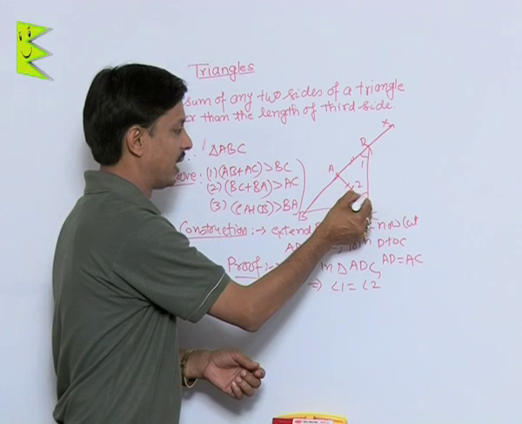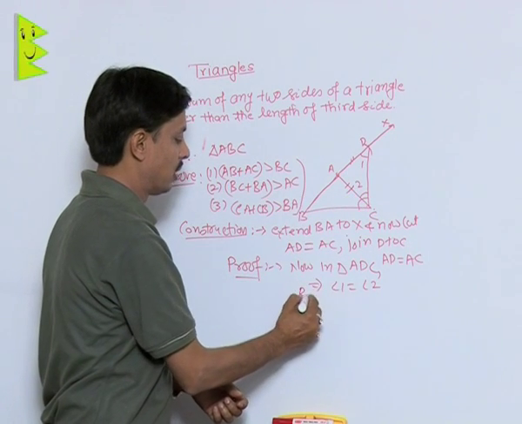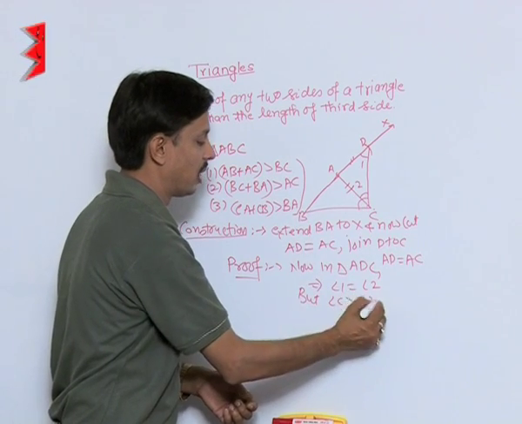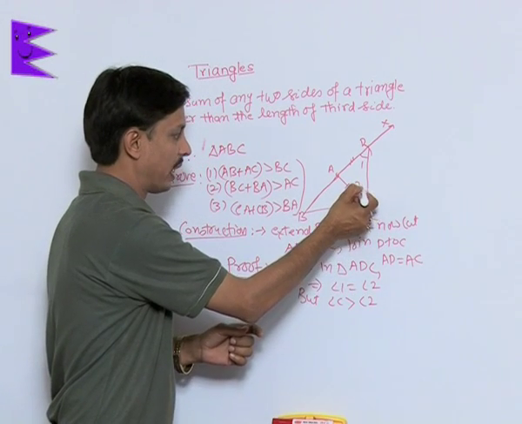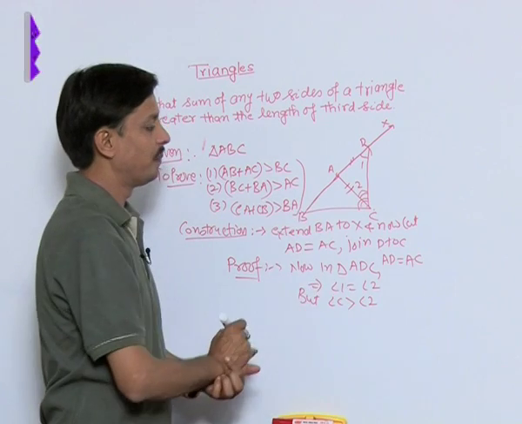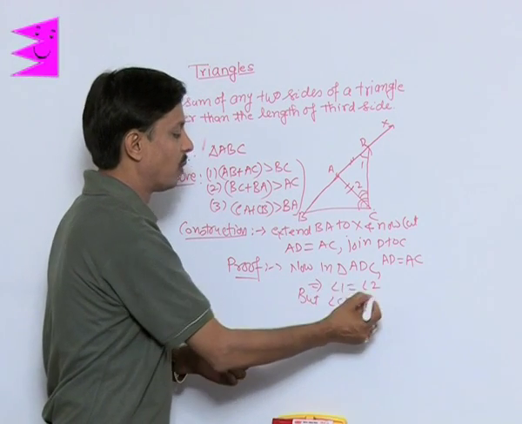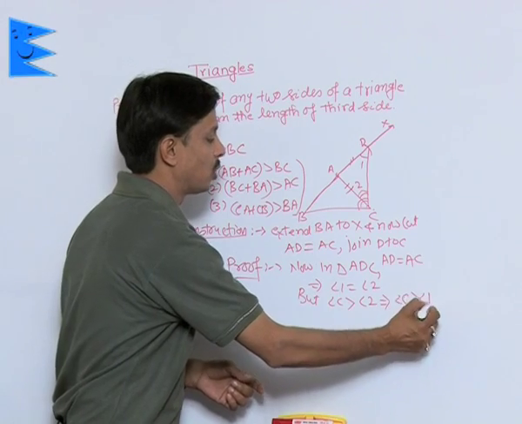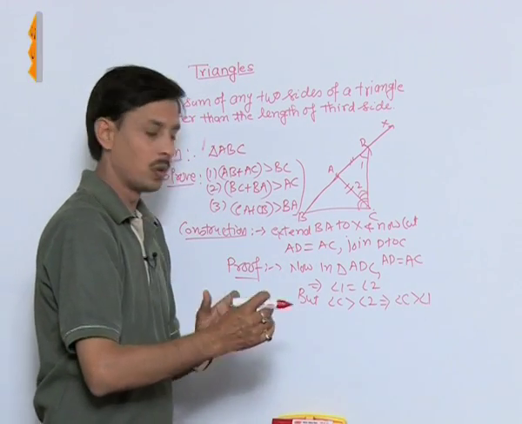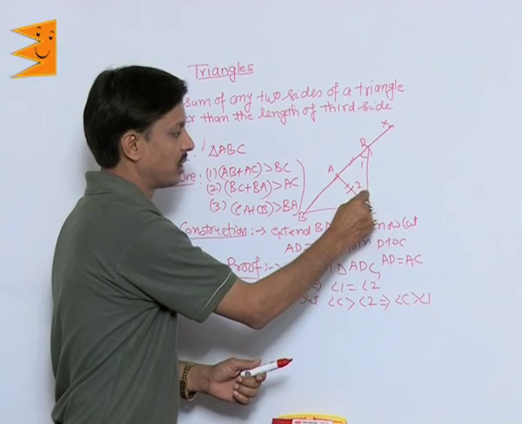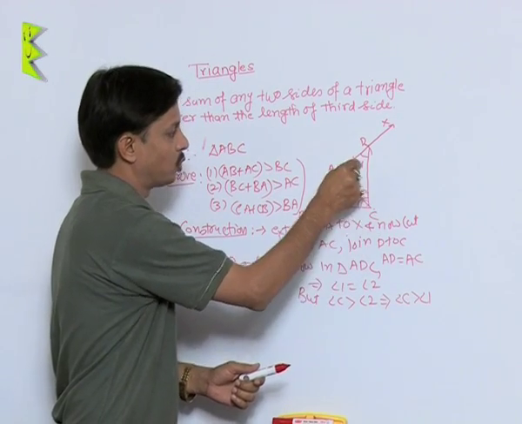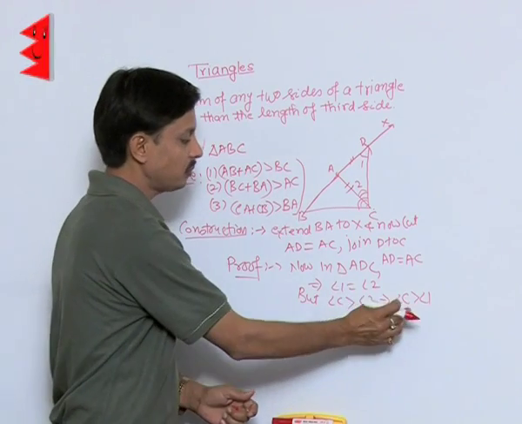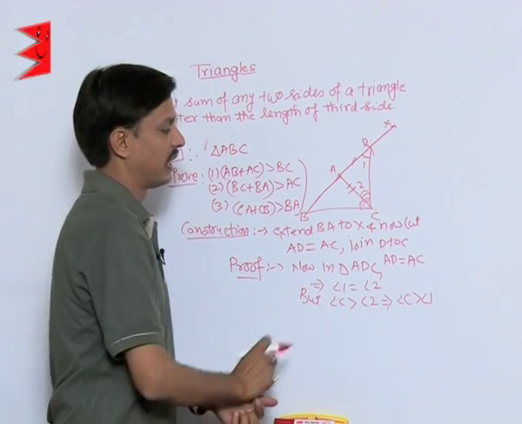But the complete angle C is greater than angle 2, because angle 2 is a part of angle C. But 2 and 1 are equal, so angle C is also greater than angle 1. As C is greater than 2, C has to be greater than 1 also, because 1 and 2 are equal. Angle C is greater than angle 1.